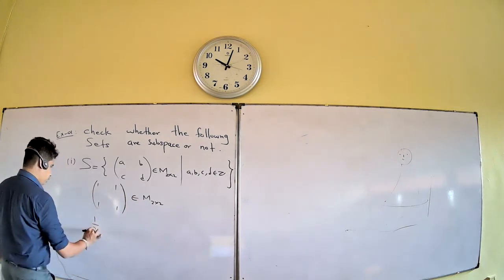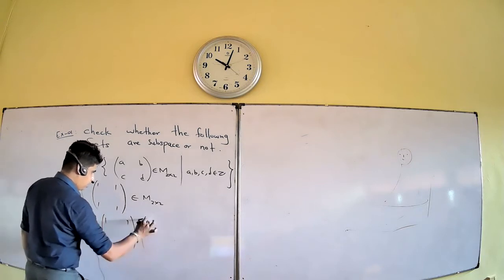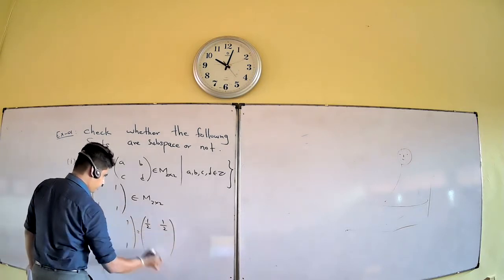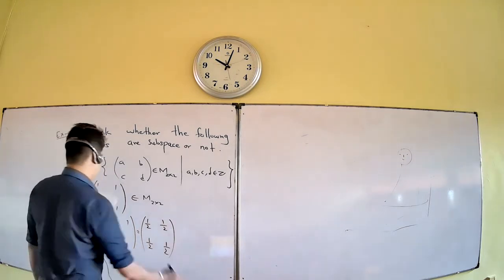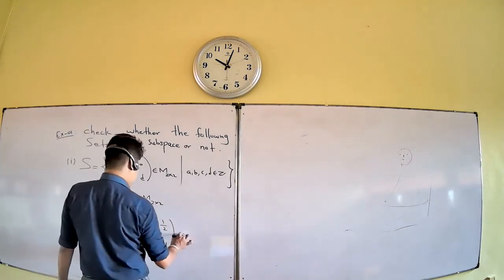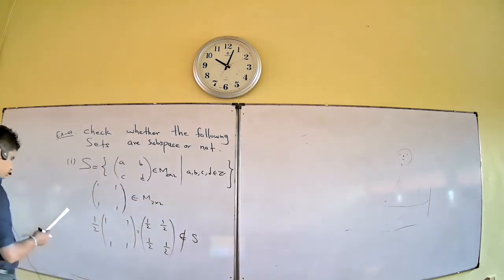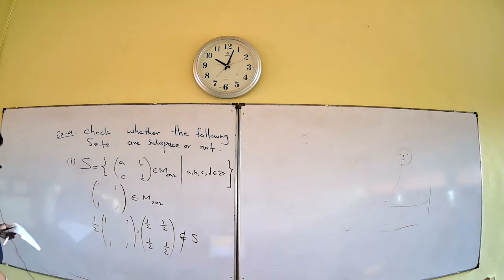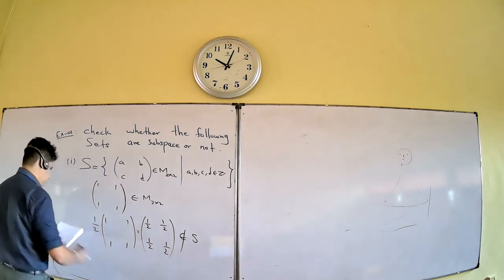But consider this value, half times 1, 1, 1, 1. So this is half, half, half, half. But this half is not an integer. Therefore, this matrix does not belong to S. So S is not a subspace of M2 cross 2.